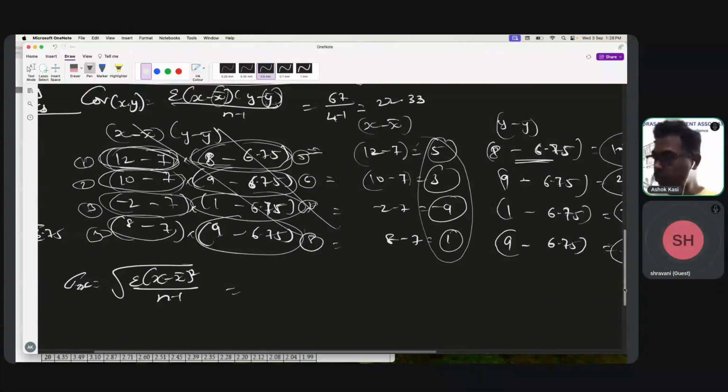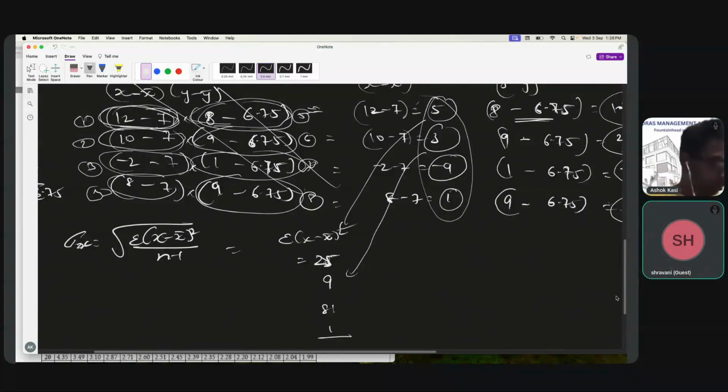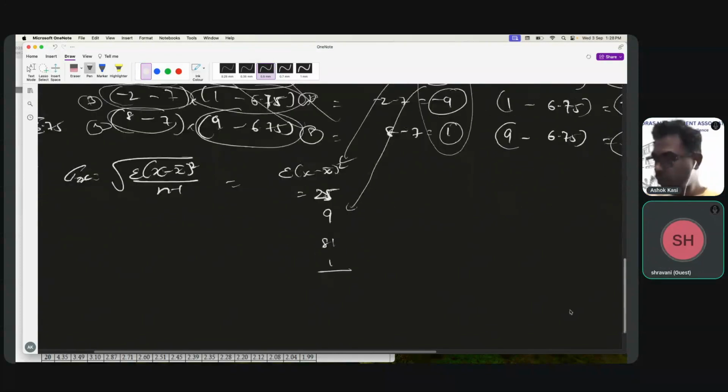So I just have to square it. So the summation of x minus x bar the square is equal to, first one is 25, second one is 9, third one is 81, fourth one is 1. Okay, add up all this.